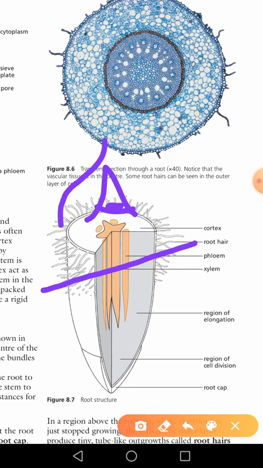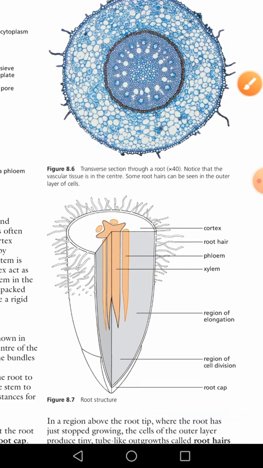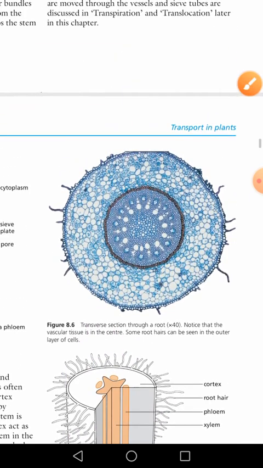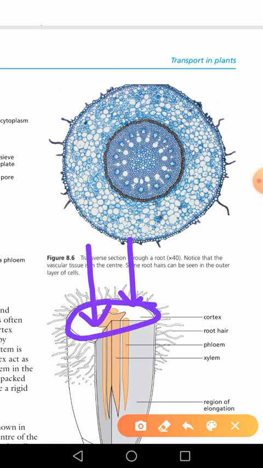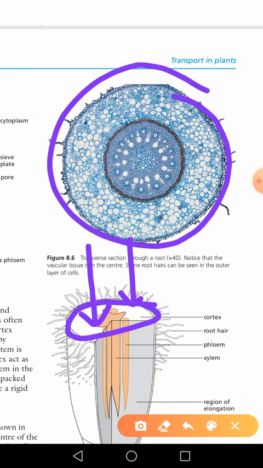If you look at the root from the top, that means you are looking at this section of the root, the top surface. It would look like this.